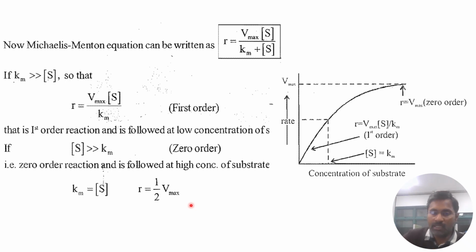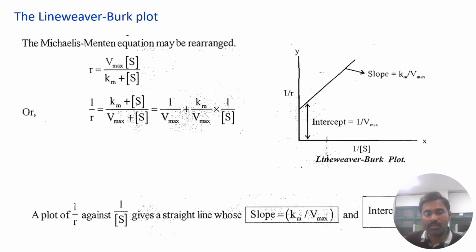In the low concentration stage, rate is directly proportional to S, that is first order kinetics, and at higher and higher concentration, rate does not depend upon the concentration of substrate, so it will become zero order, where you also get the maximum rate that enzyme can give.